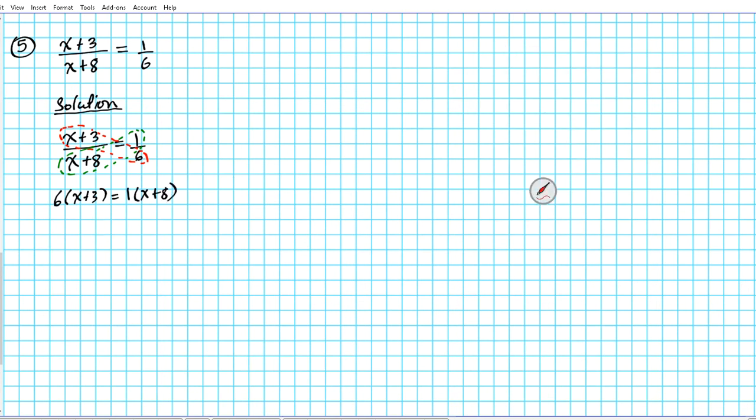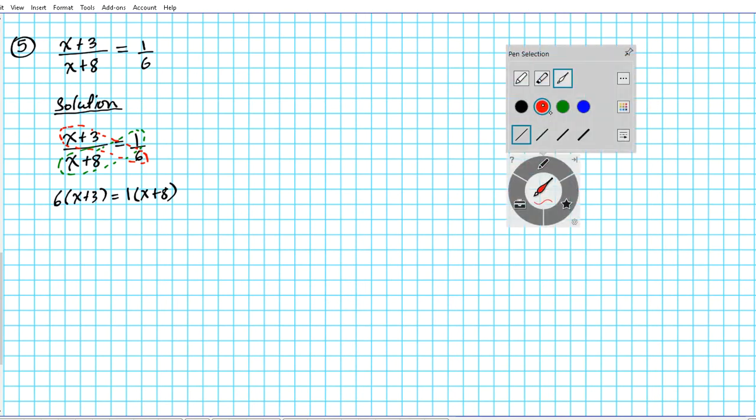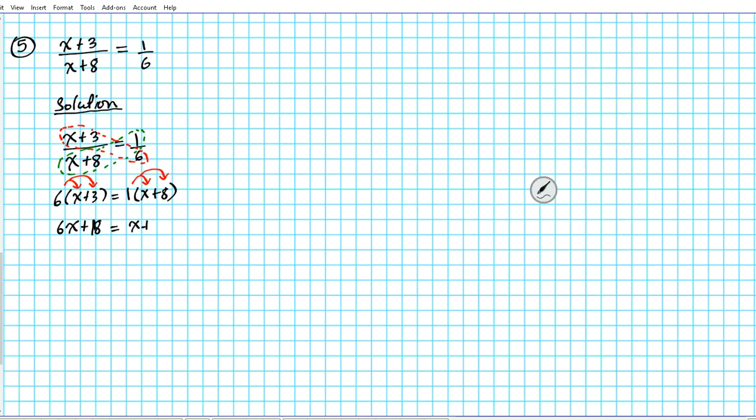Okay? Now on the left side, we're going to distribute the 6 to the x plus 3. And then on the right side, just distribute 1, which doesn't make any difference. That's a multiplicative identity. On the left side, we have 6x plus 18. 6x plus 18 equals x plus 8.